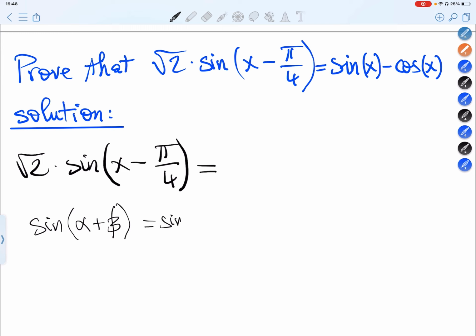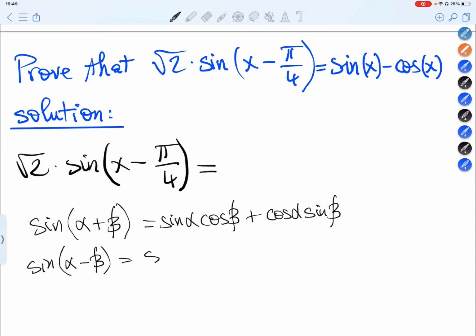Now I'm going to use some formulas. Sine of alpha plus beta is sine of alpha cos of beta plus cos of alpha sine of beta. Same thing, sine of alpha minus beta is equal to sine of alpha cos of beta minus cos of alpha sine of beta.